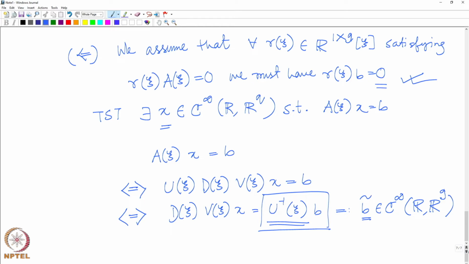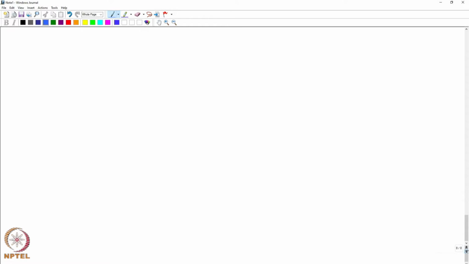And then we also define V(ξ)x, the unknown, as a new unknown y, which also must be a C infinity function of size q. And it is now equivalent to solving for this equation, D(ξ)y equals b tilde.